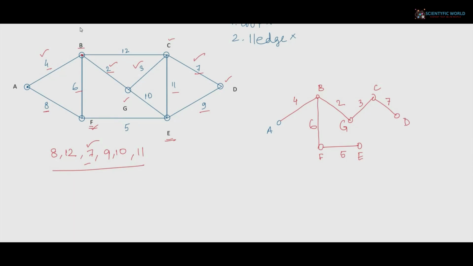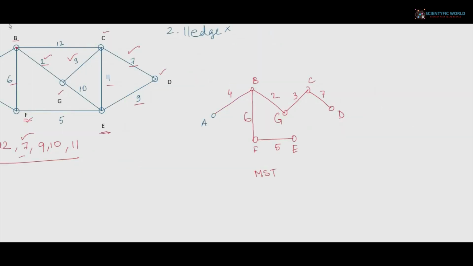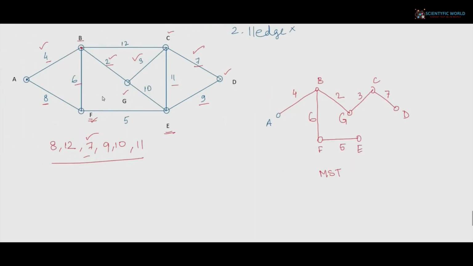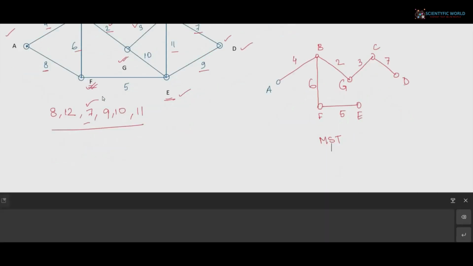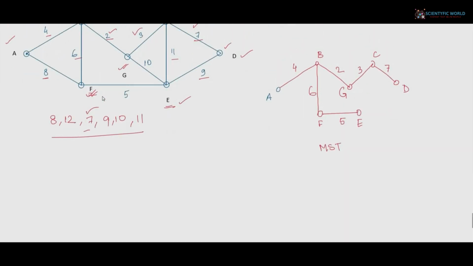So this is our final MST, that is minimum spanning tree. See, we have traversed all the vertices. We have traversed A, B, C, D, E, F, and G. All the vertices we have traversed.